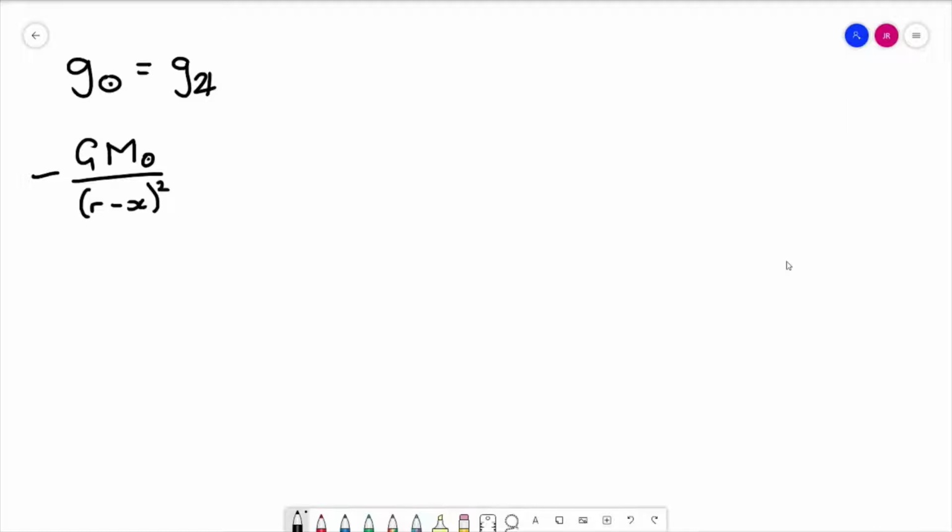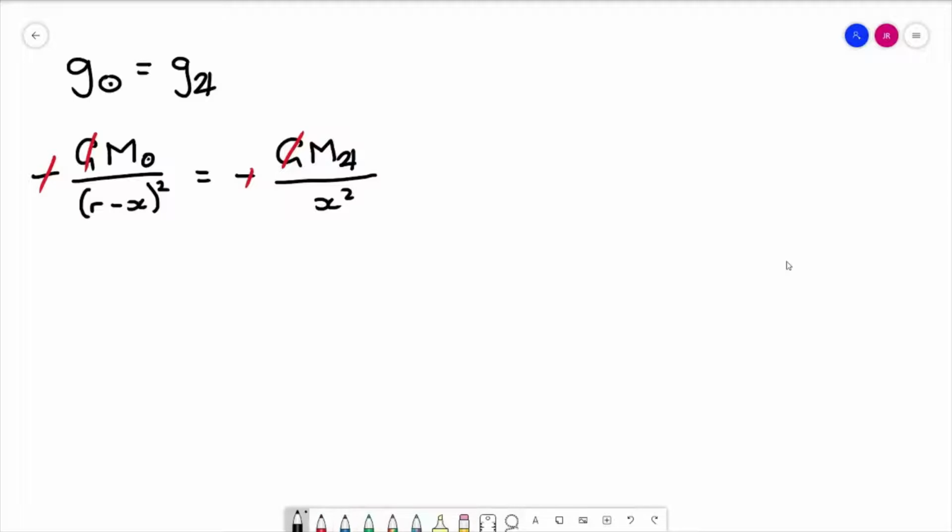That's the distance between this point that we're trying to find and the Sun. And that will be equal to minus G times the mass of Jupiter divided by the distance x squared. Now straight away we've got cancellations: negative signs cancel out, and the G's cancel out as well. Fine, not a problem at all. We're happy with that so far.